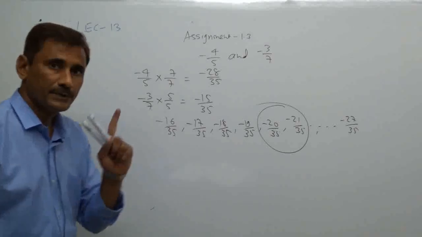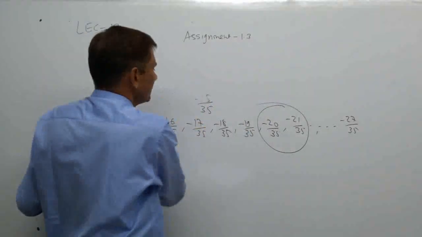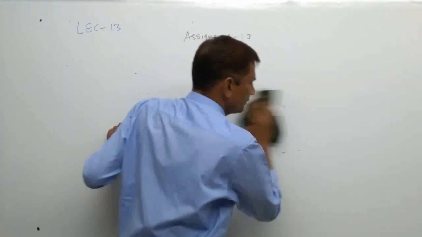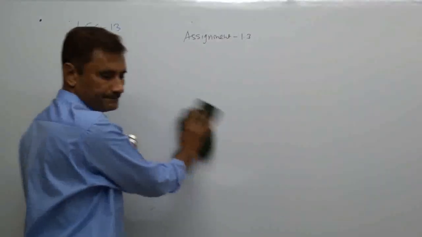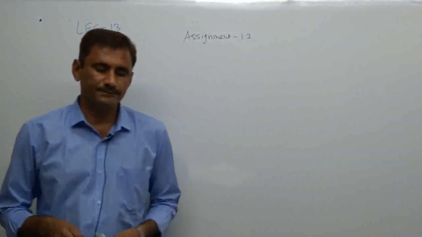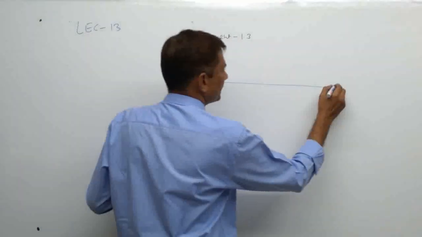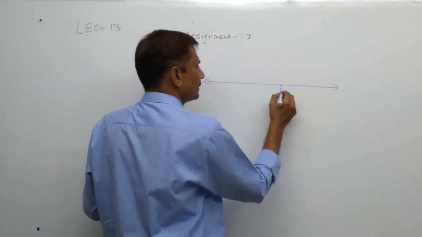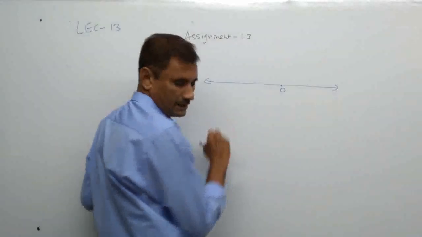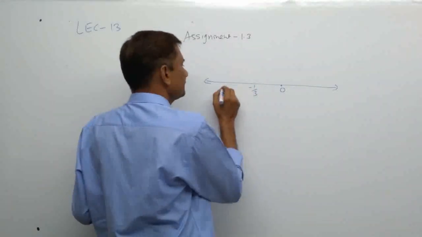But we know if we take the average, then obviously it is between the given two numbers. So look here, it is given 0 and minus 1. So just try to plot on a graph: 0, and minus 1 by 3 is somewhere here, and somewhere minus 1.